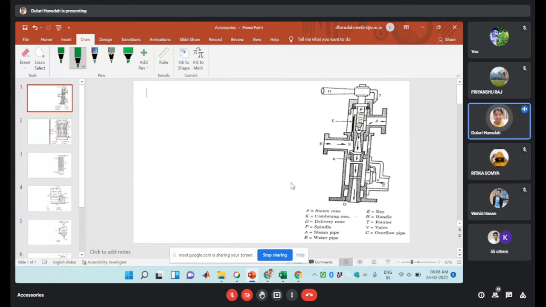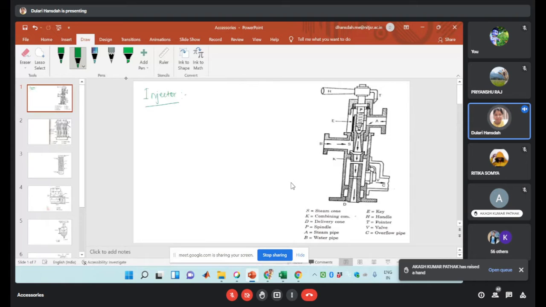In some places we are using an injector because it is more efficient than your feed pump.